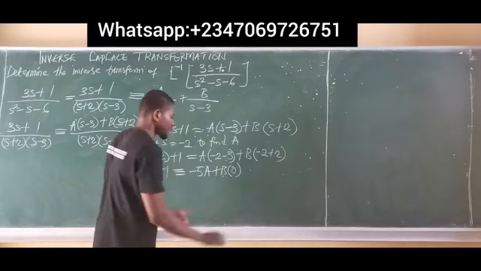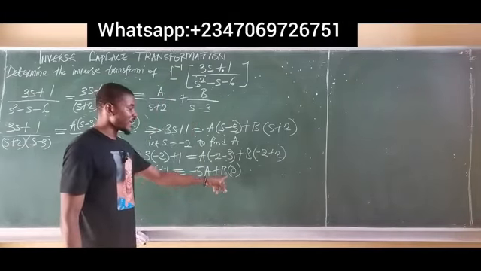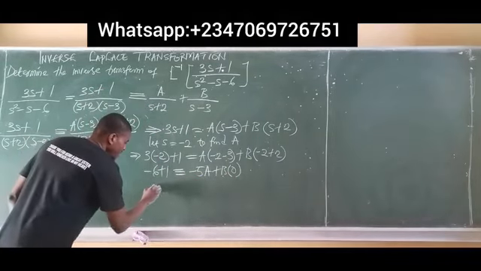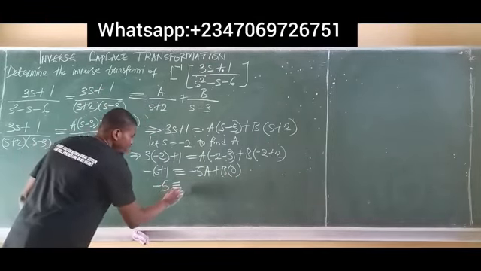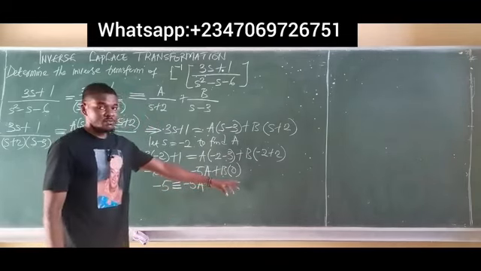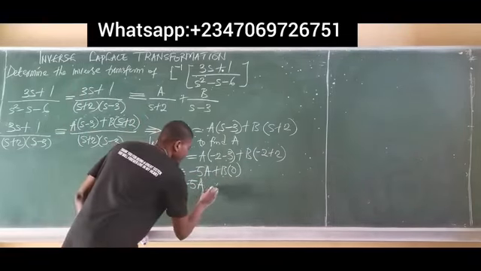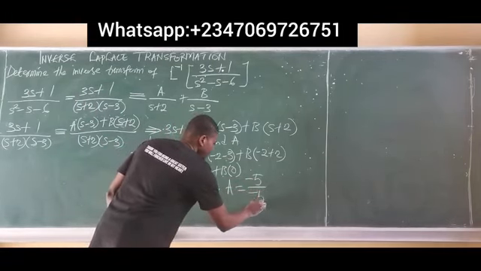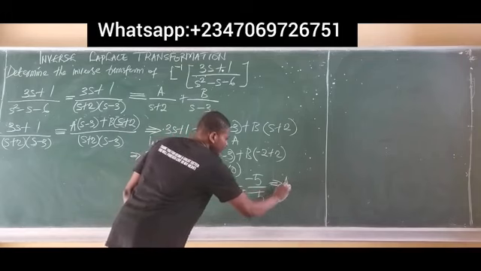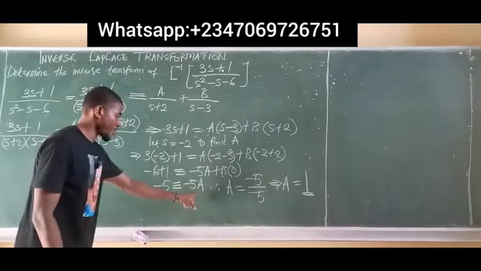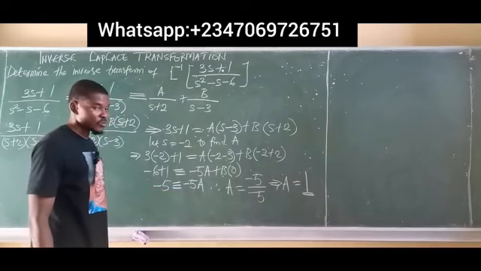So we have seen that the effect of b has been nullified. b times 0 becomes 0. So minus 6 plus 1 is minus 5, being equivalent to minus 5a. Therefore, a is equal to minus 5 divided by minus 5, which implies that a is equal to 1. Of course, dividing both sides by minus 5, I have it to be equal to 1.